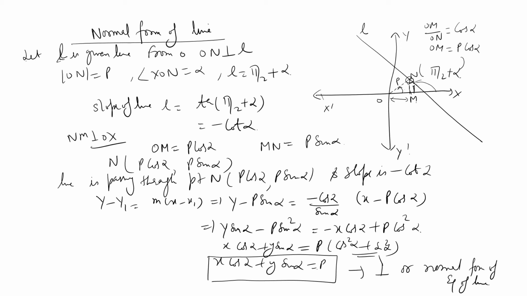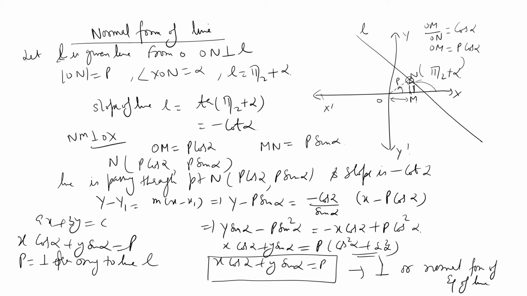Okay. So representing any equation like ax plus by equal to c in the form x cos alpha plus y sin alpha is equal to p, remember what is this p? This is the perpendicular distance from origin to the given line.